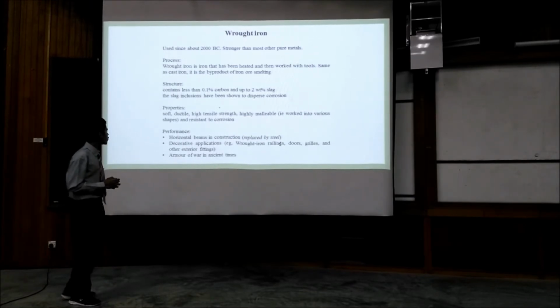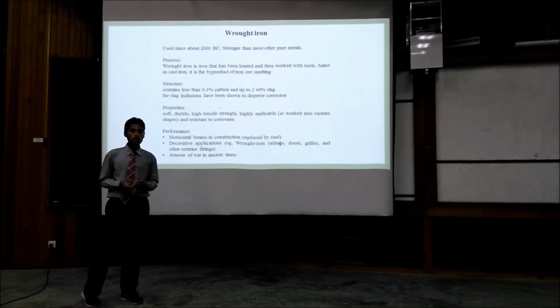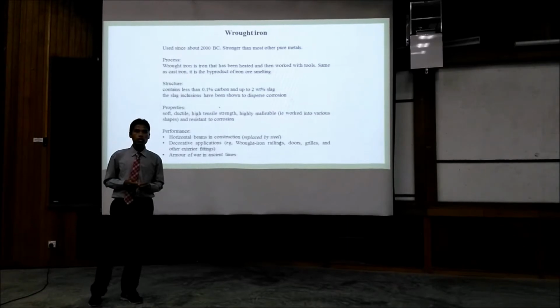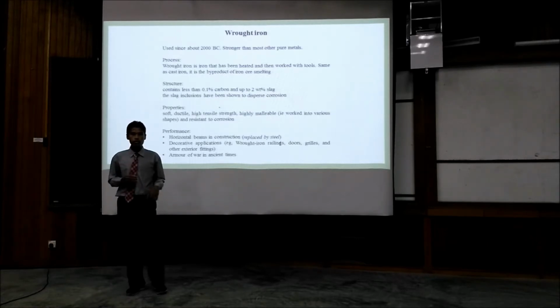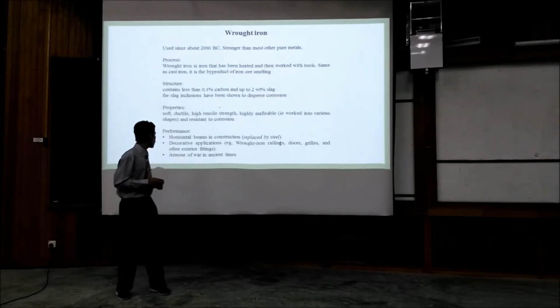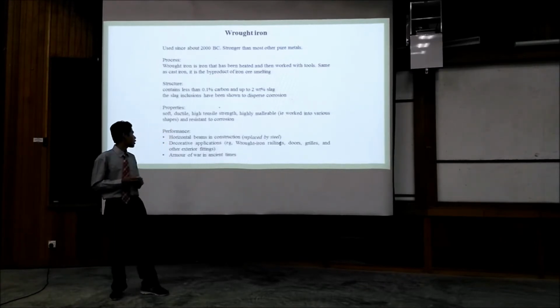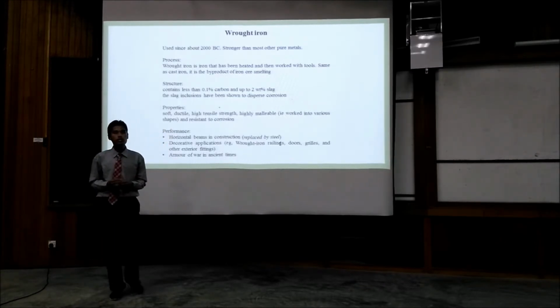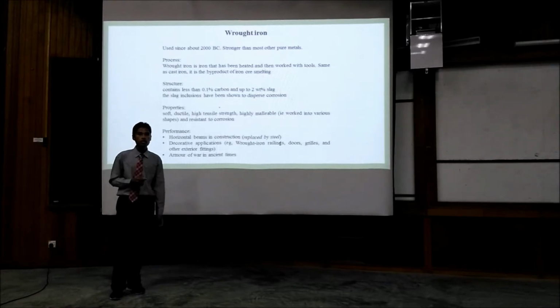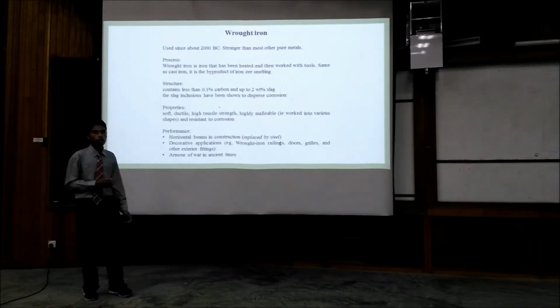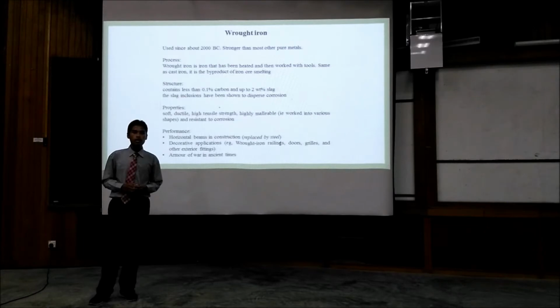And then wrought iron is used in horizontal beams, which are then replaced by steel because of its cheaper cost. And wrought iron is also used in decorative applications such as railings, doors, and grills. In ancient times, it was used as armor of war.